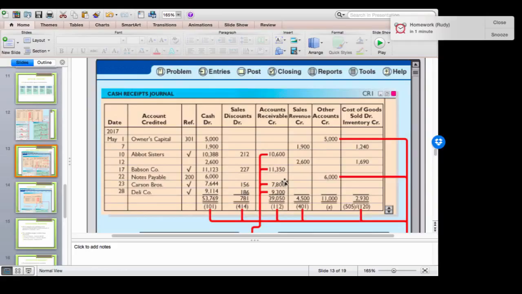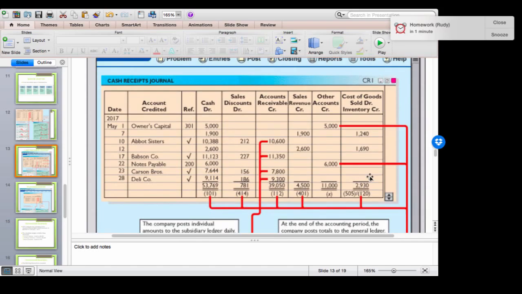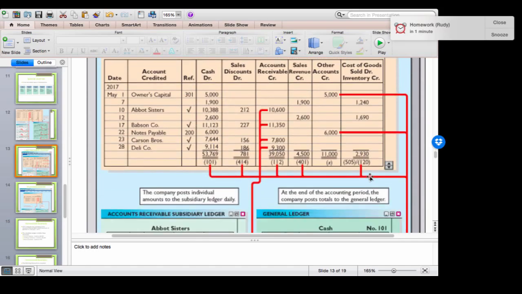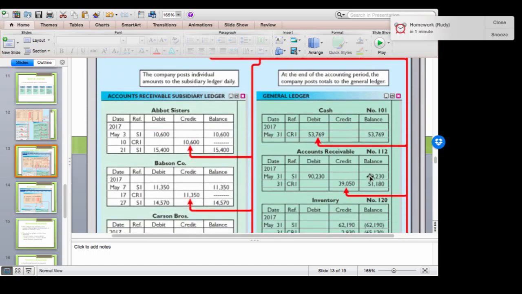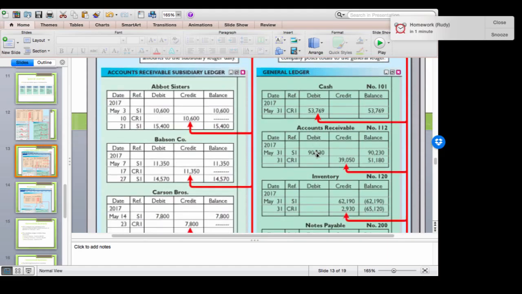And then you also want to have the cost of goods sold. So it's just a different way of recording it in an easier format for you to refer to. Then, similarly to the previous sample, you have your subsidiary ledger and then you have your general ledger.